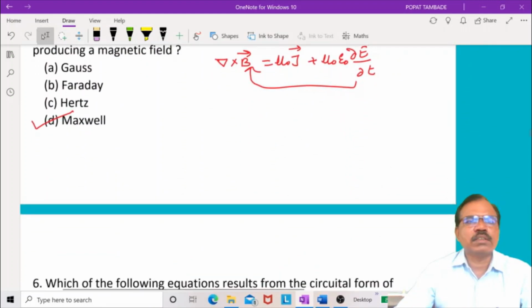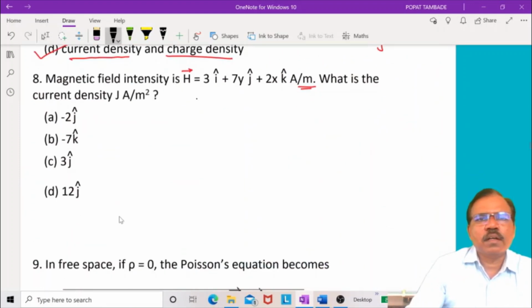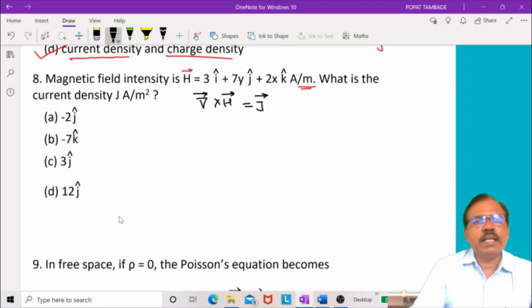So del cross H is equal to current density. Now we know H is this 3i plus 7yj plus 2xk. So what is del cross H? So we can write del cross H is equal to, that is the curl of field intensity.